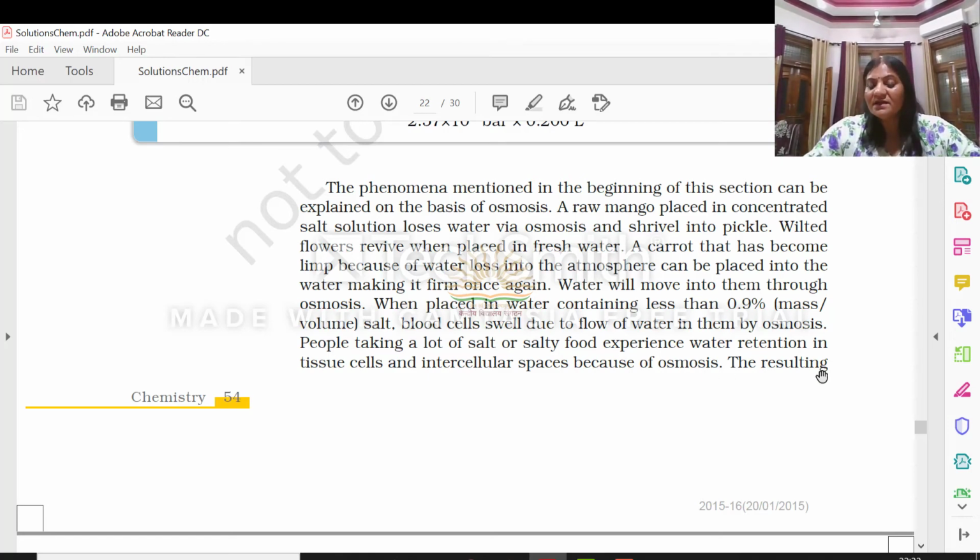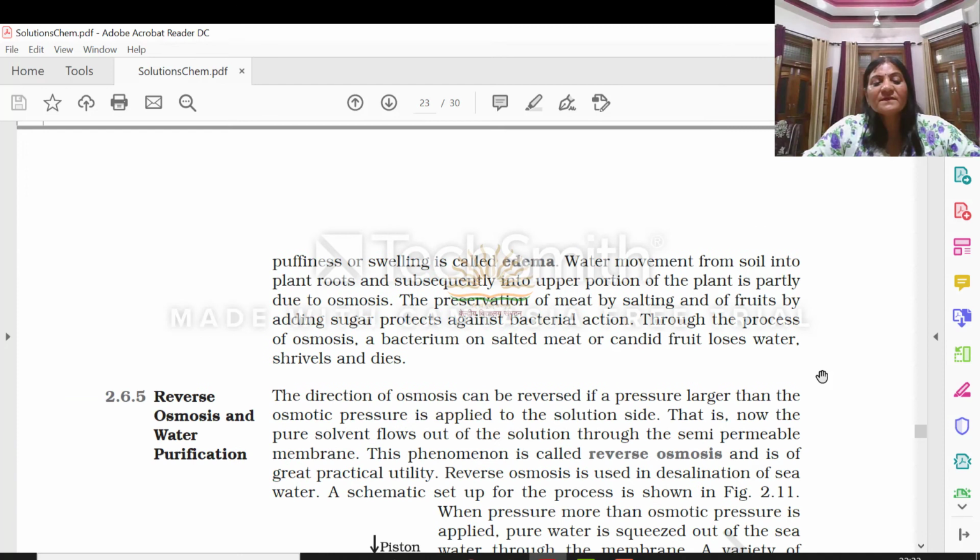The resulting puffiness or swelling is called edema. This is the water retention property of the body of human beings, by which retention of water takes place due to taking more salt in food, and this puffiness or swelling in the body is called edema.